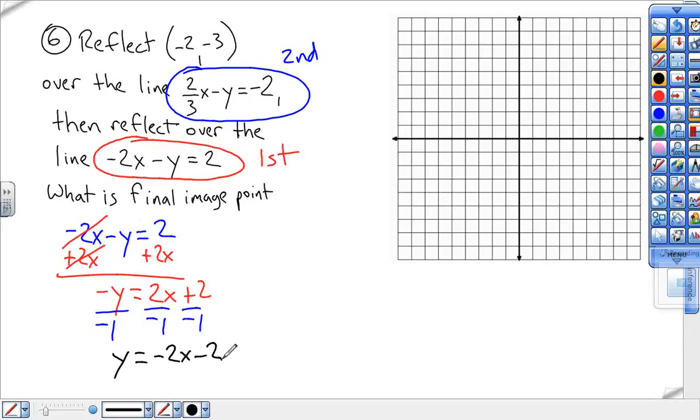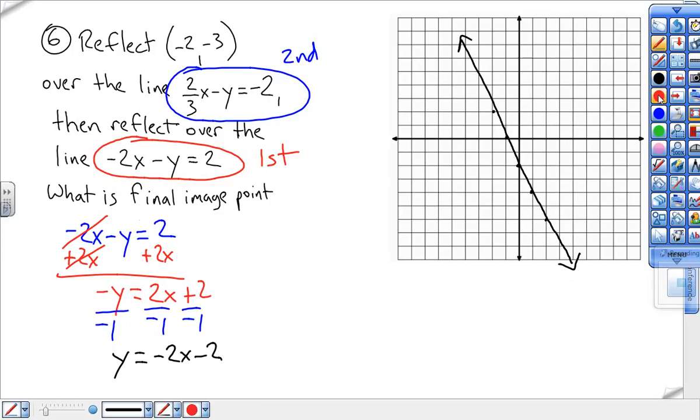So when I graph that first line, it'd be right here. -2 on the y-axis, over 1, down 2, over 1, down 2. Be able to stair step both directions. That line looks like this.